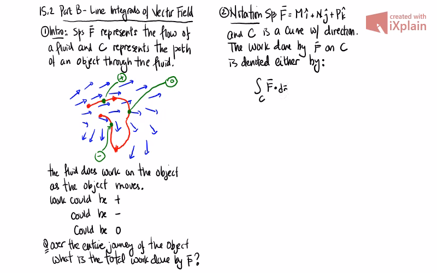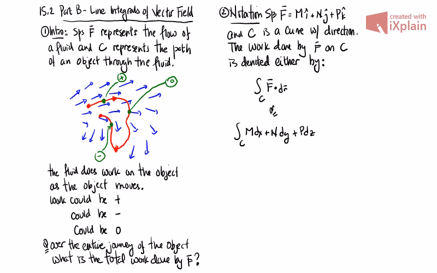This is very weird that we have a dot product in this. The reason for this, as we'll see, is that the notation is giving us a set of instructions. So it's not as weird as it looks. Or this one, which is a bit weirder, is the integral over C of M dx plus N dy plus P dz. Now this is just notation. This is strange notation, this second one.